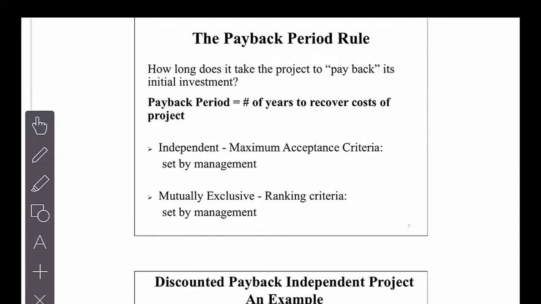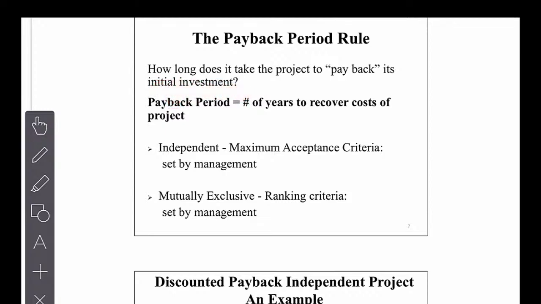One question they'll likely ask is, when do I get my money back? And when do I start making profit? The payback period rule answers that question. How long does it take the project to pay back its initial investment? That's just focused on getting your initial investment back.